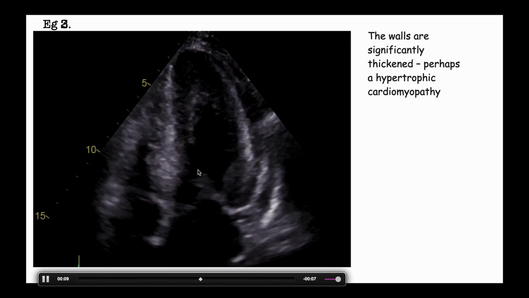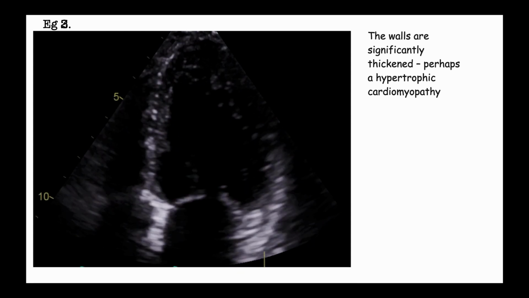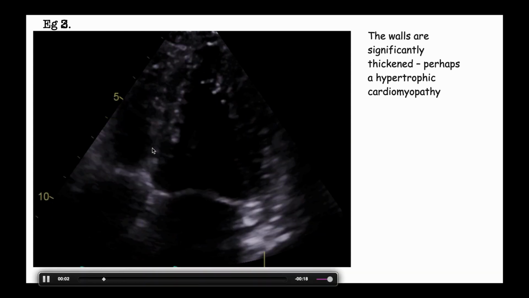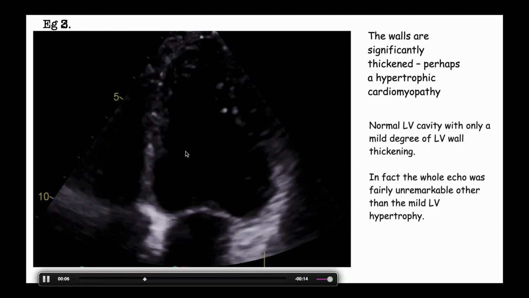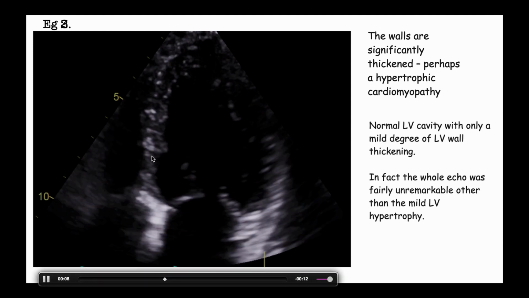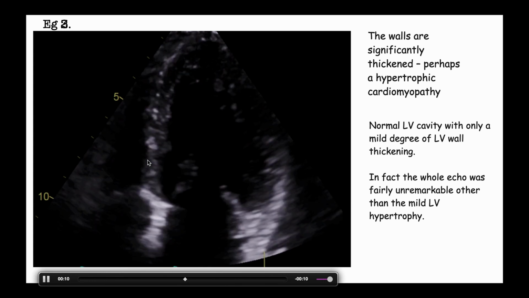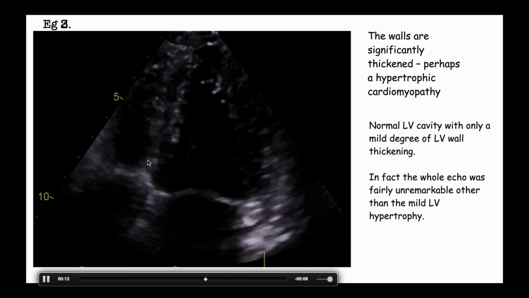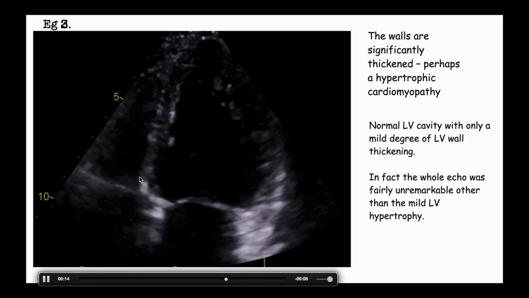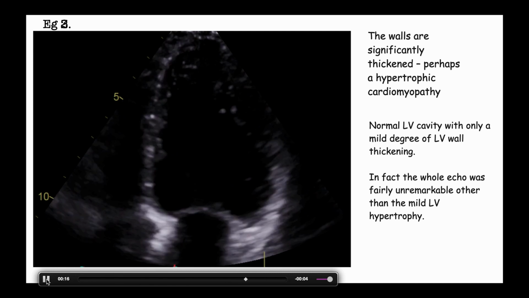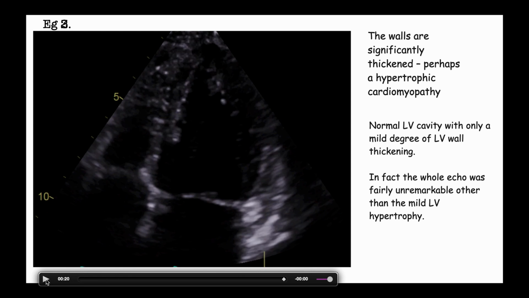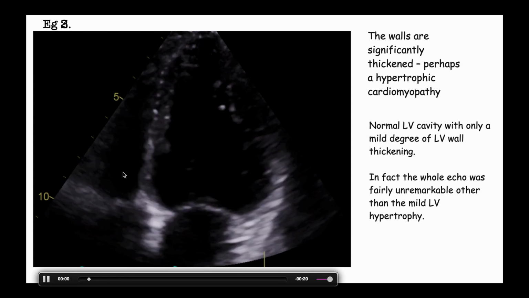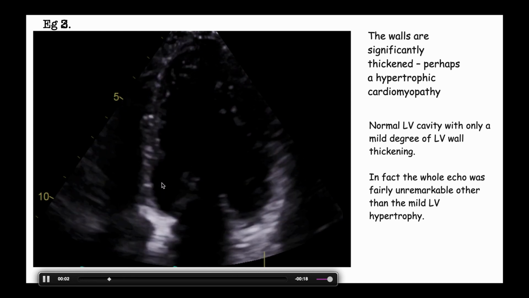areas of the heart. Now, when we look at this echocardiography, we find that there is a normal left ventricular cavity with only a mild degree of left ventricular wall thickening. In fact, the whole echo over here was fairly unremarkable, other than a mild left ventricular hypertrophy, as we can find over here.